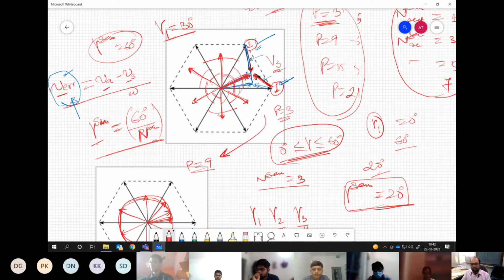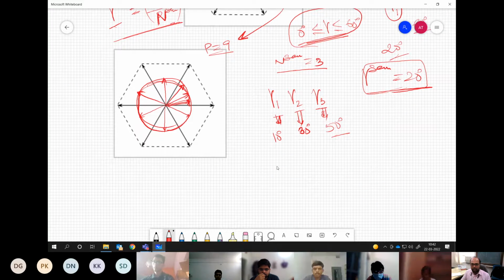We are keeping, for pulse number 3, which means one sample in a sector, a sample at this location. Why? We want some reduced value of voltage error. Correct? If you keep it anywhere else, one of the errors, either voltage error 1 or voltage error 2, will be more. Here it is almost equal. The same thing will happen if you try to keep 20, 40 and 60.